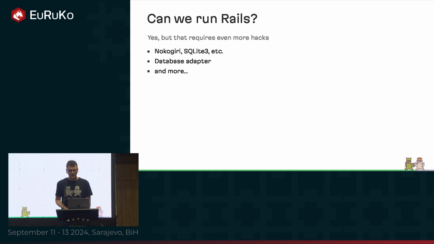To run Rails, we need to overcome a lot of problems. There is no way right now to use WASM gems with C extensions. There is a problem with the database adapter because it uses sockets, so we again need to rewrite some things, and there are many more problems. But the whole toolkit of patching everything everywhere stays the same. So yeah, we can run Rails actually.